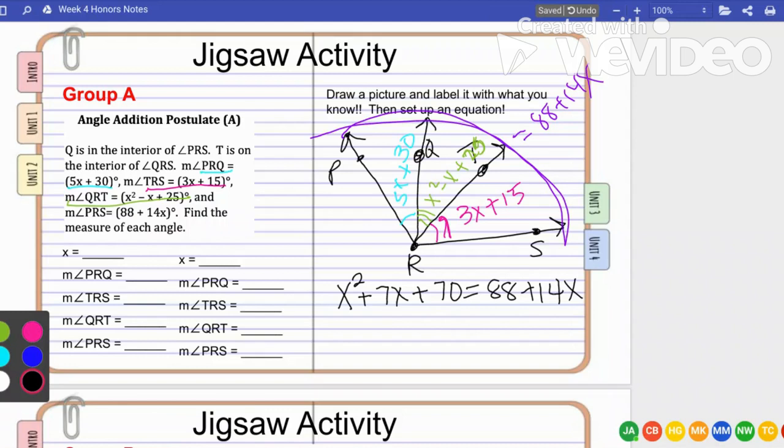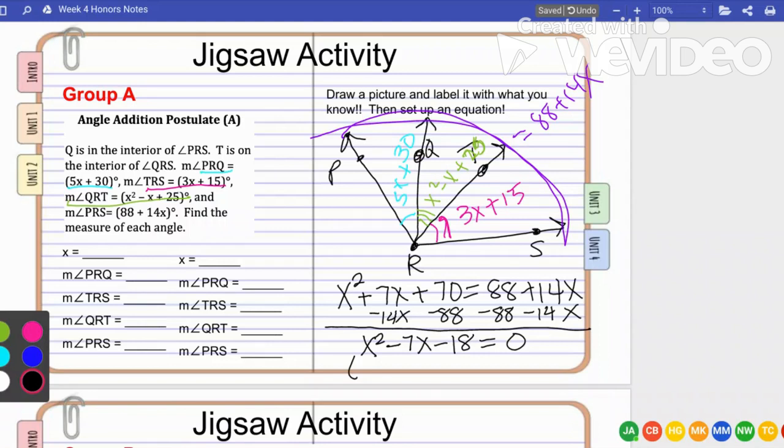Since there's an x squared, we're going to have to factor, so we need to move the 14x and the 88 over so we can set this equal to 0. We get x squared minus 7x minus 18 equals 0.